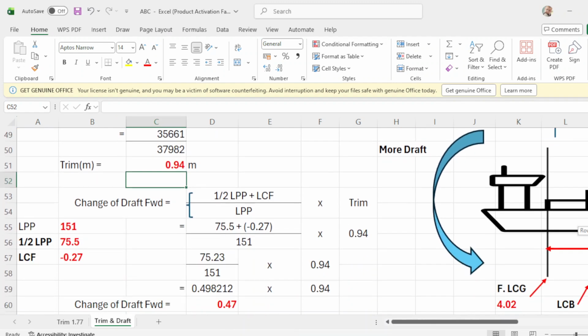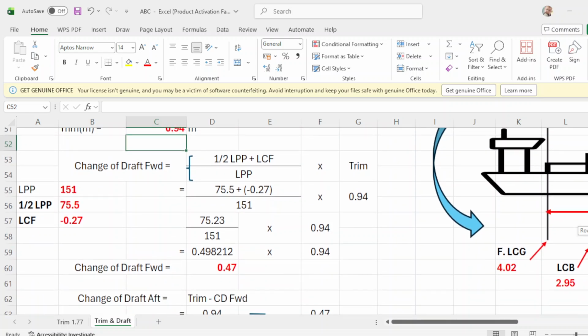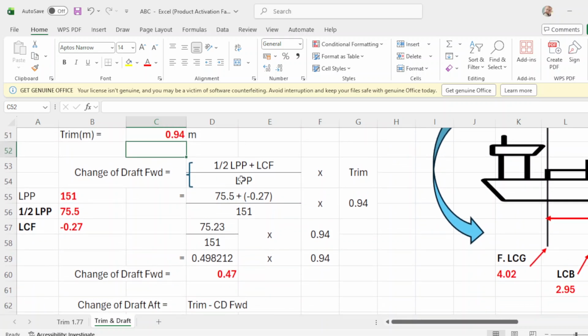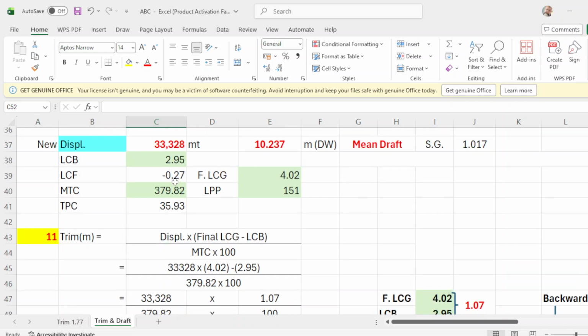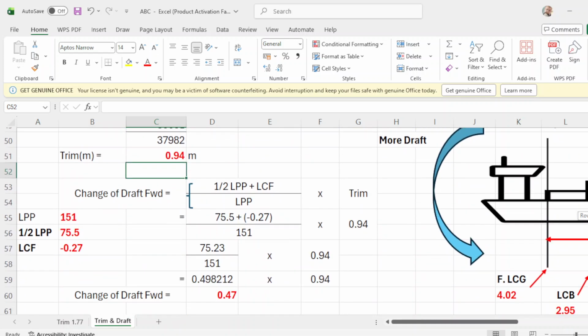So first you will get the change of drop forward. So 1/2 of LPP, your LPP is 151, and 1/2 of 151 is 75.5, and your LCF is negative 0.27. LCF is this one, negative 0.27, okay? And your trim is 0.94, okay?